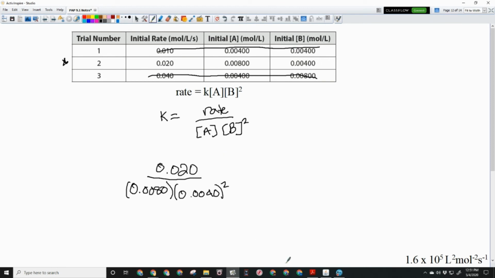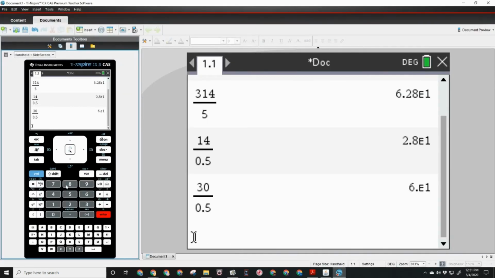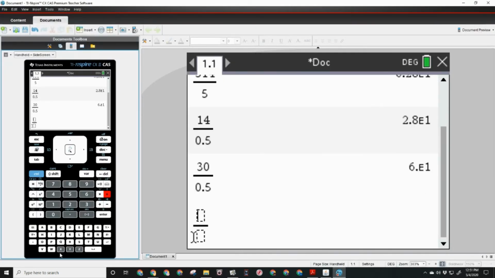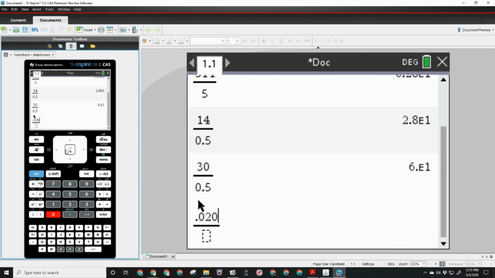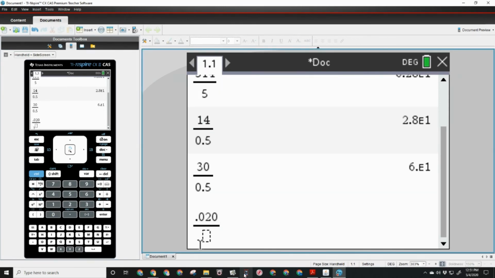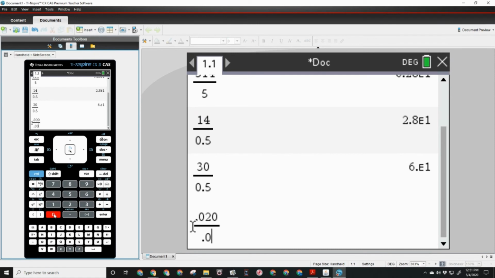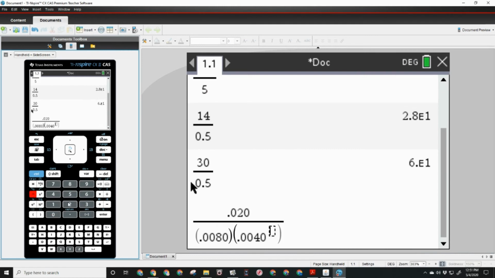All right, so going to the calculator, we have 0.020. Let me make sure this is right. Yep. Over 0.0080 times 0.0040 squared.